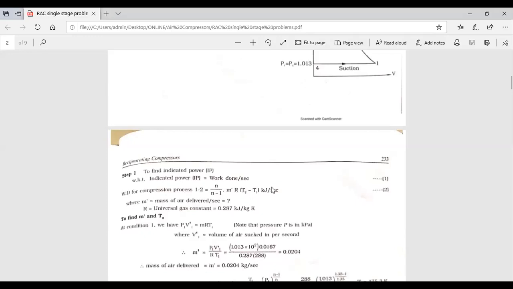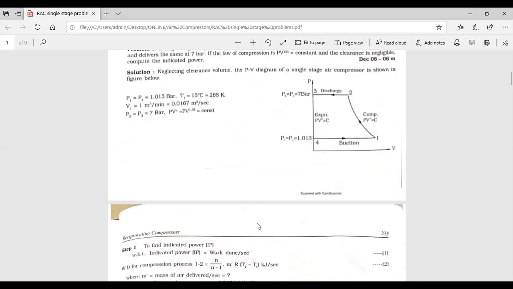In this, what are the unknowns? N is given, that is 1.35. The mass delivered we don't know, but they have given the volume flow rate. R we don't know, but as you know, R is 0.287, and T1 we know. The unknowns are m and T2.